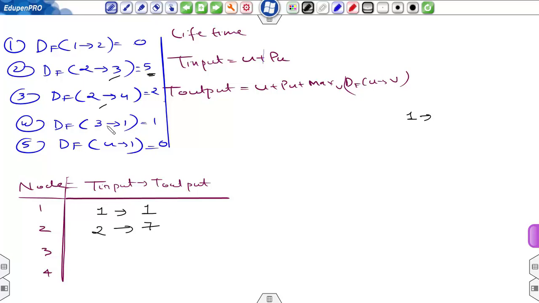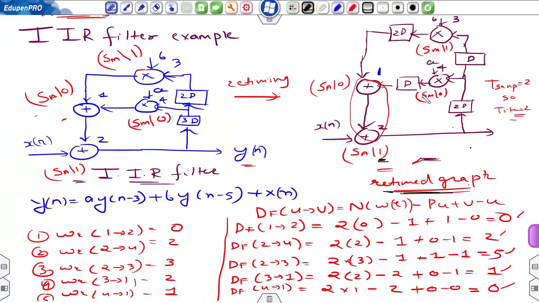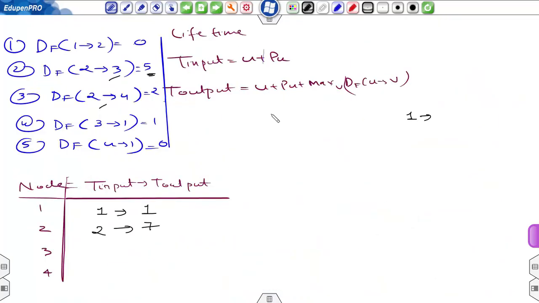For node number 3, node 3 is a multiplier, and small u will be 1 for this. So 1 plus PU will be 2 in this case. So the input will be 3, and df u to v is 3 to 1, only one value is there.